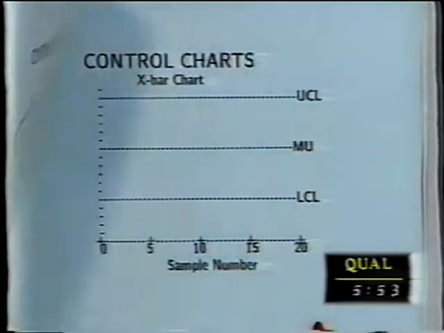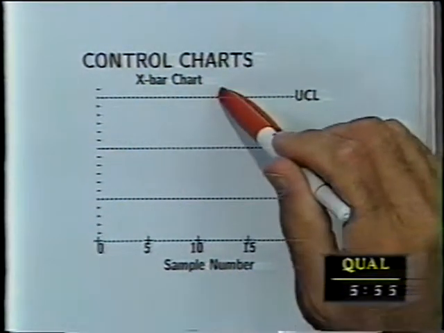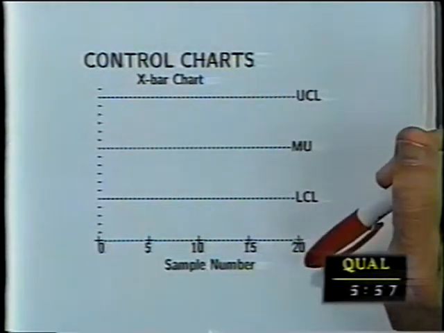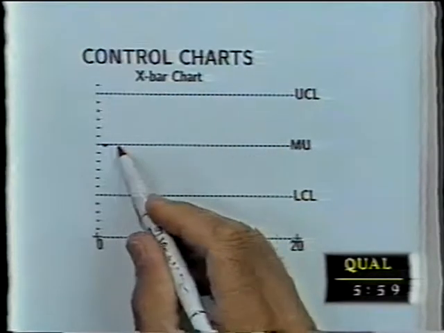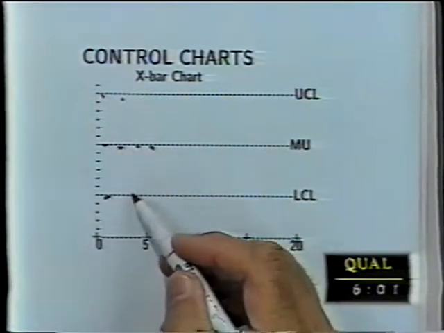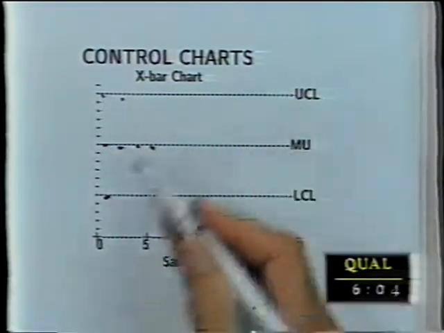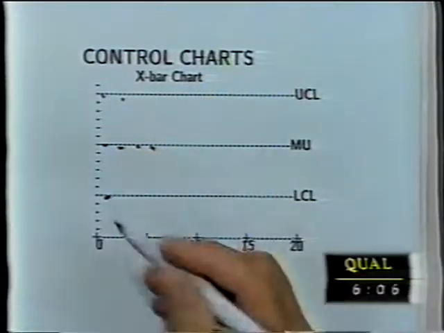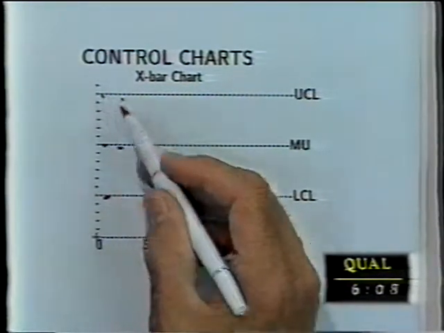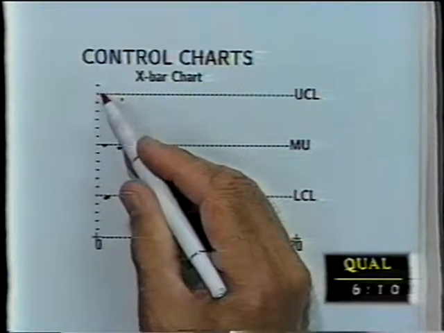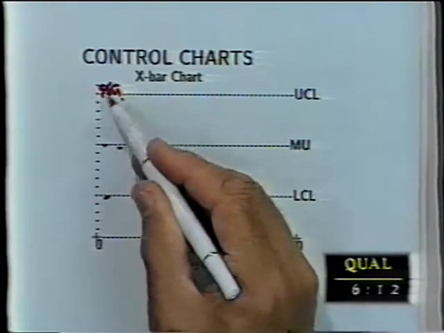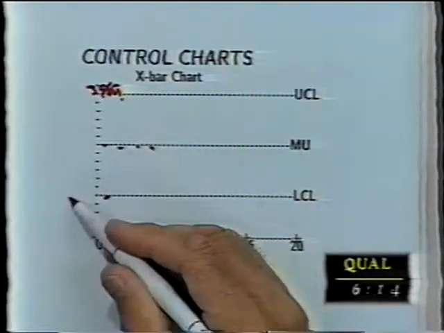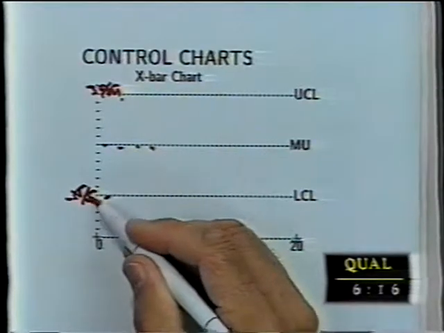If he's working with X bar, has an X bar chart, then he'll only put one mark each day. And this is the same mean, but the upper and lower control limits are much tighter. They're drawn to the same scale here, but the numbers are much smaller because the sigma is sigma over the square root of n. And this is 3 sigma, and this is minus 3 sigma over the square root of n.